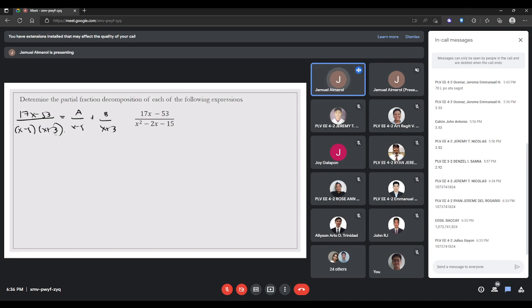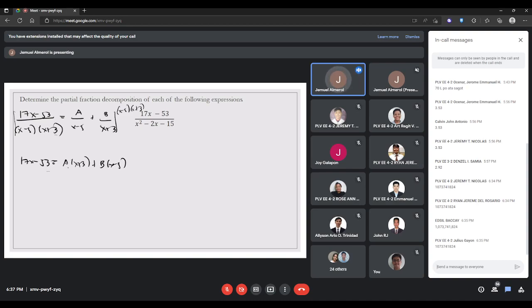Obviously your LCD would be yung denominator ng original na fraction. If you divide this by this, ito matitira: 17x minus 53. Ang matitira, a times x plus 3 plus b times x minus 5. On the other side, cancel x minus 5.